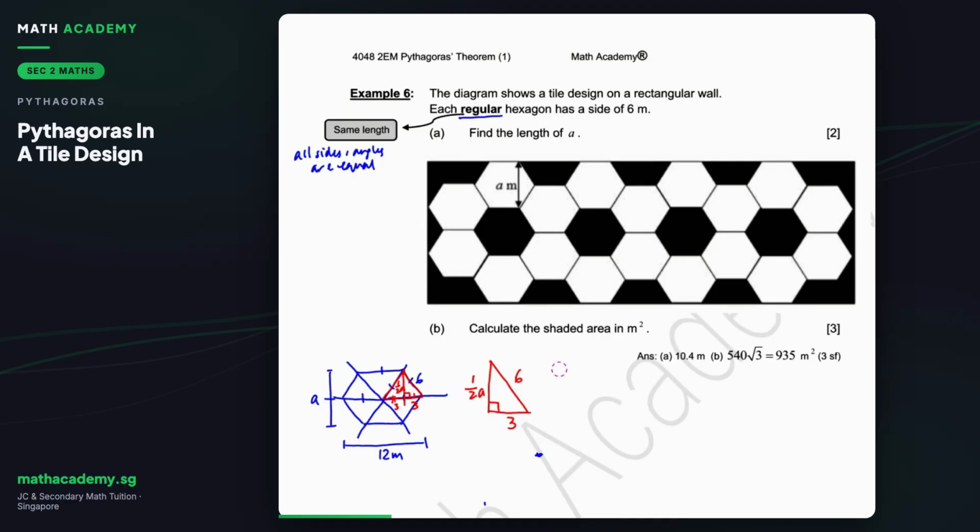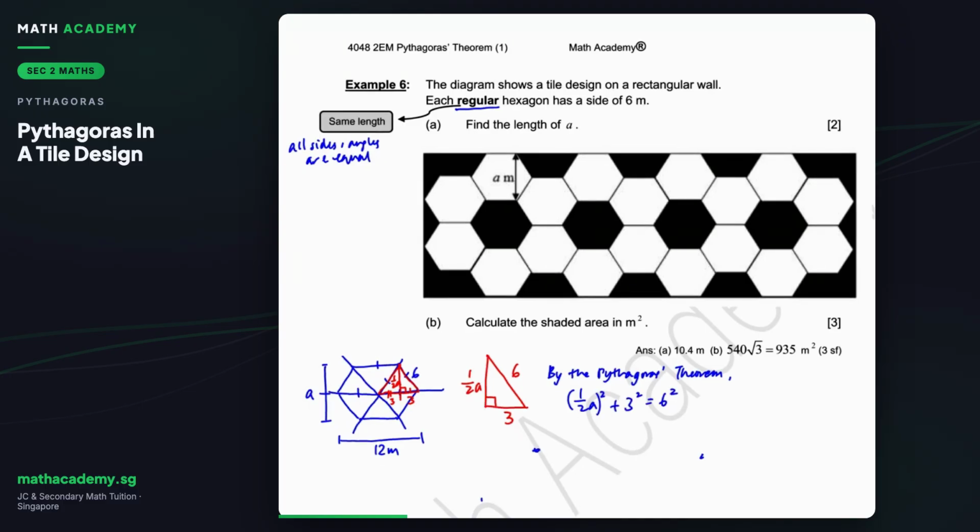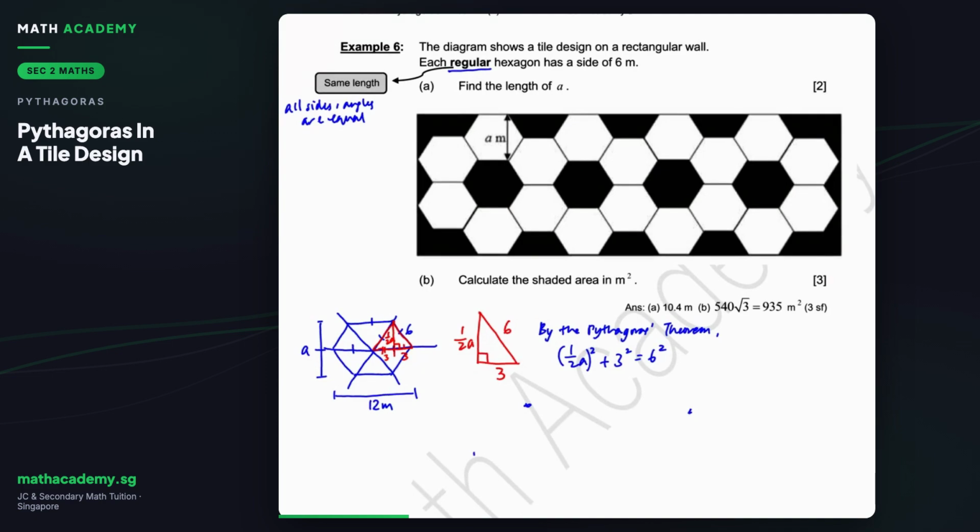By the Pythagoras Theorem, we see that half A, the whole thing squared, plus 3 squared is going to give you 6 squared. So the sum of the squares of the two shorter sides will give you the square of the longer side.